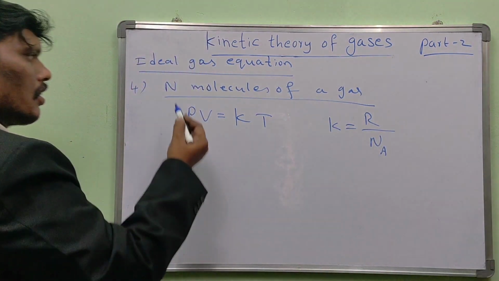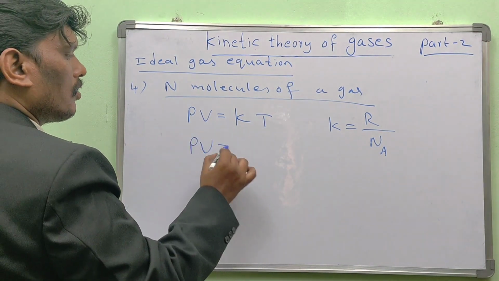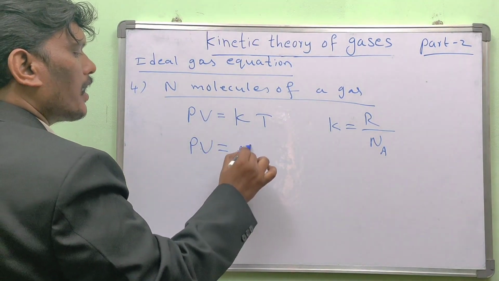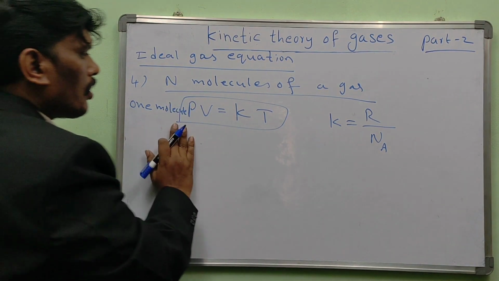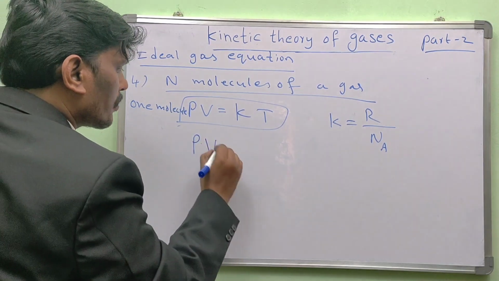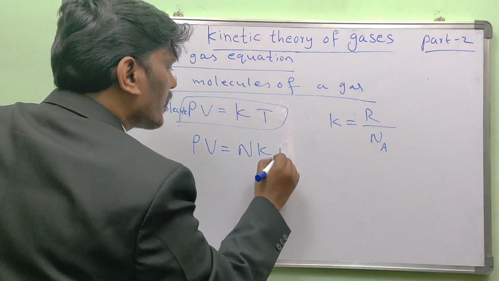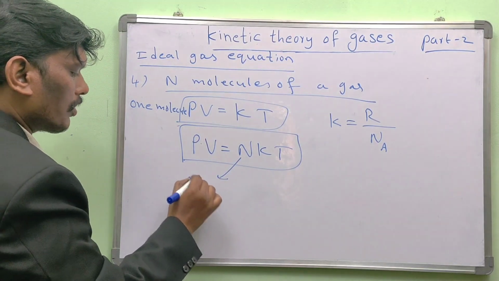For n molecules, n times KT, that's all. So for n molecules, PV is equal to nKT.